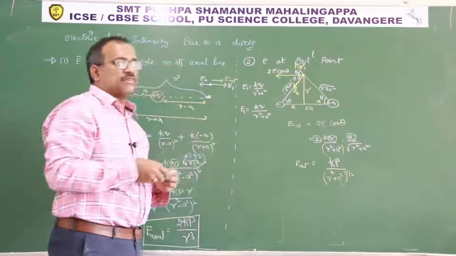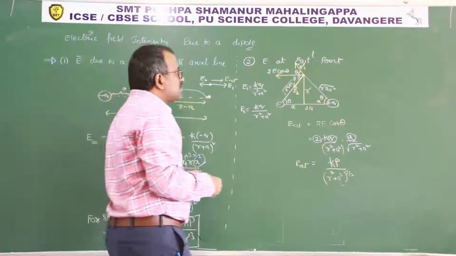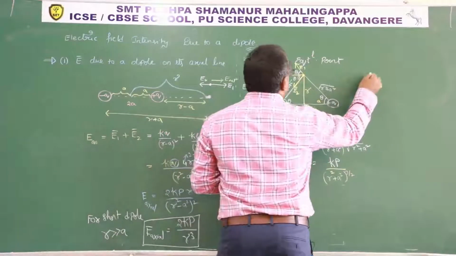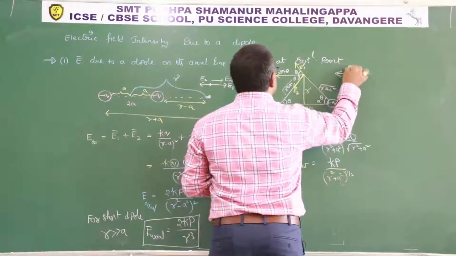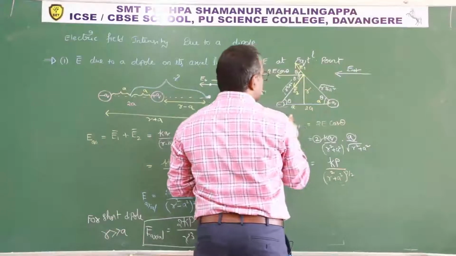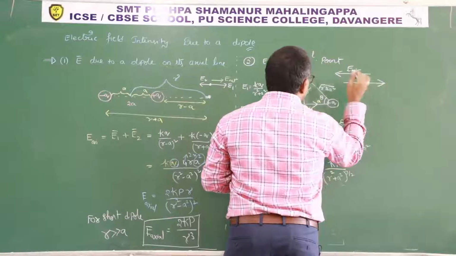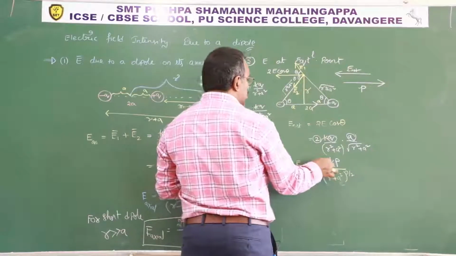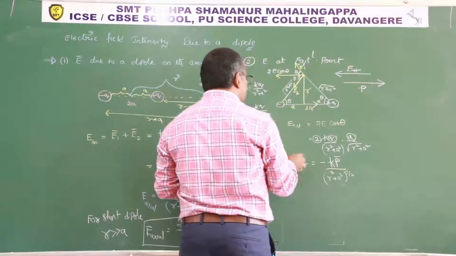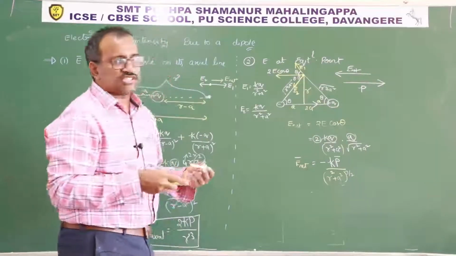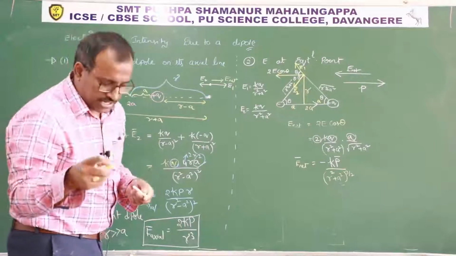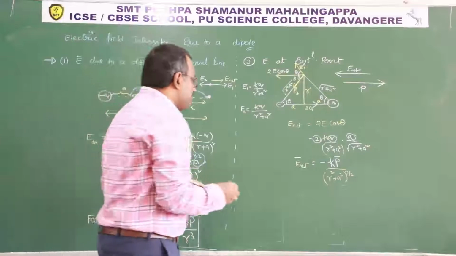I hope you understood. But direction matters. You see, the electric field direction is like this. This is E net, whereas the dipole moment direction is like this. Means both are opposite in nature, so I have to mention a minus sign here. And what about the short dipole?